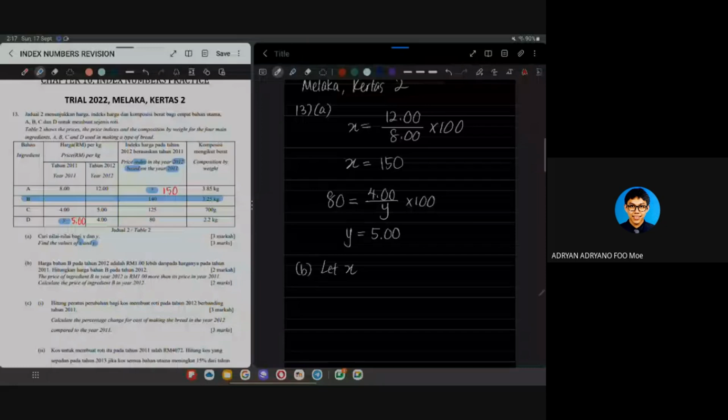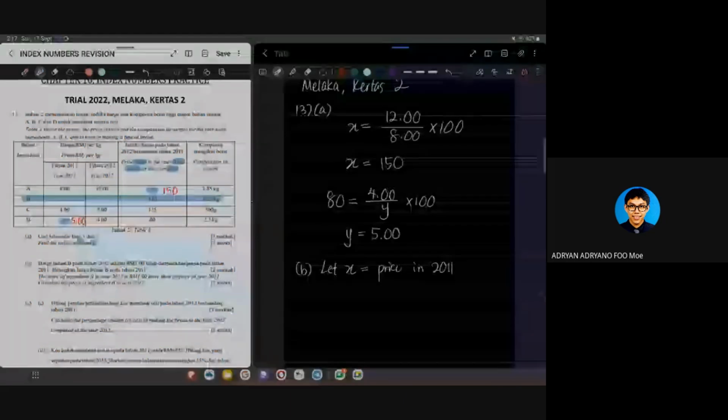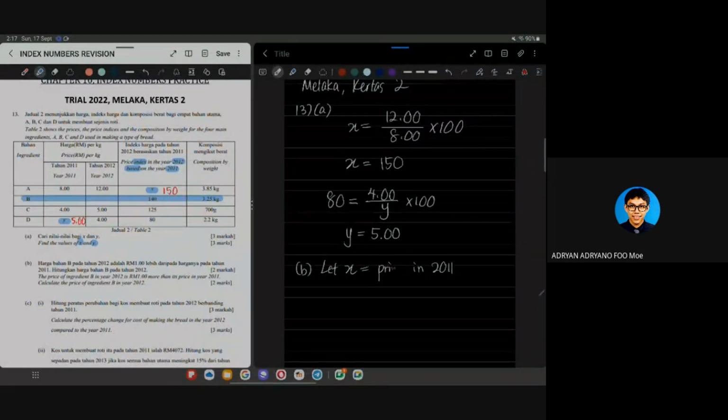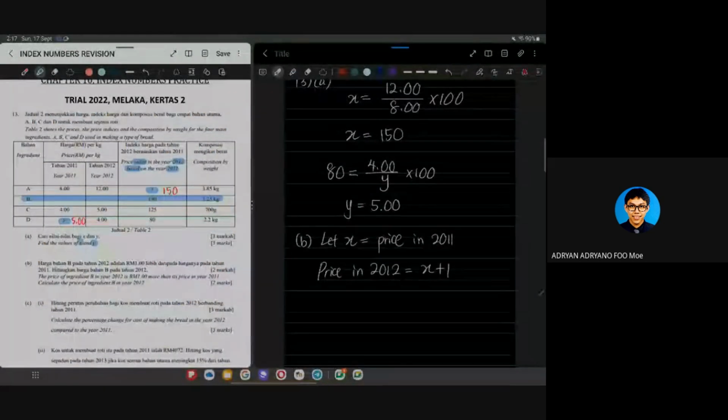First step, let X equal to the price in 2011. This is my method, okay? Then the price in 2012 will be what? 1 ringgit more, right? So X plus 1.